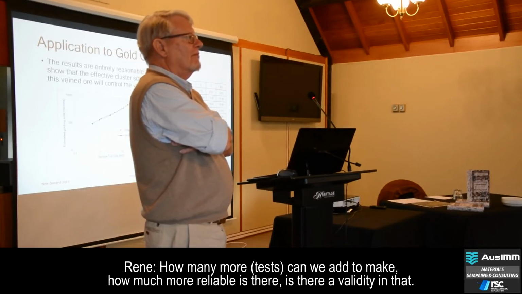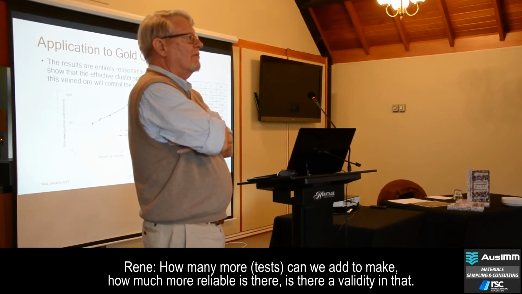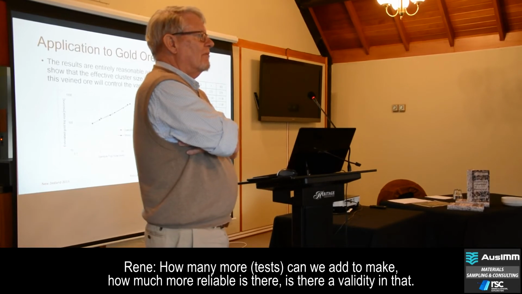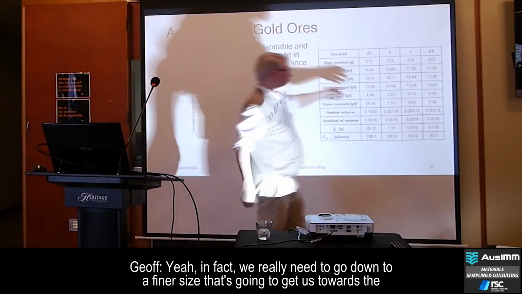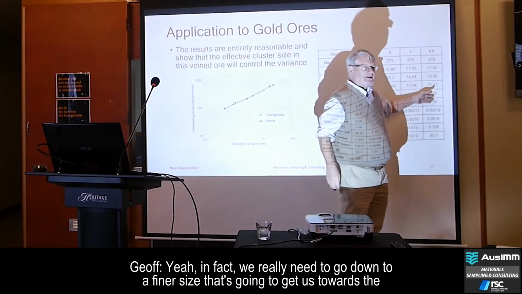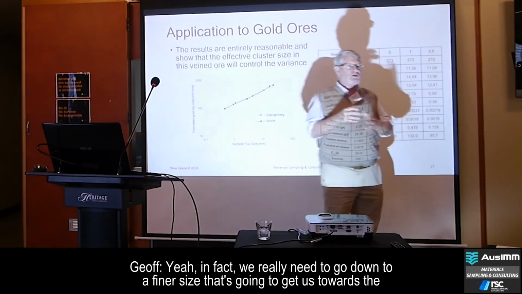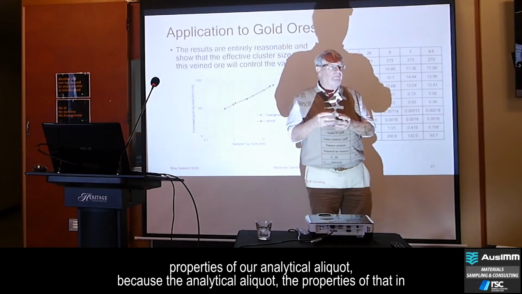How many more can we add to make how much more reliable? Is there validity in... Yeah, in fact, we really need to go down to a finer size that's going to get us towards the properties of our analytical aliquot.